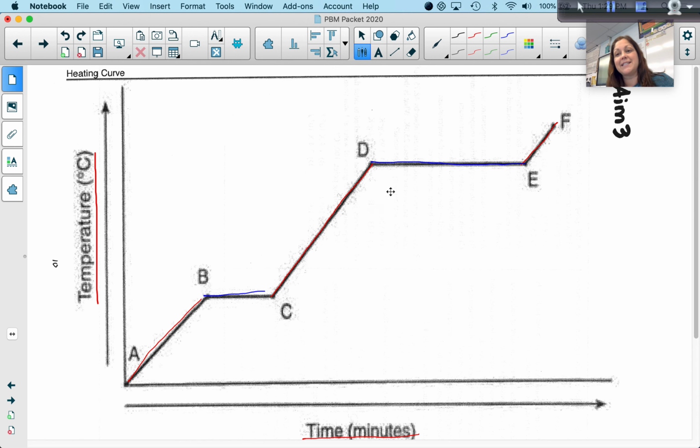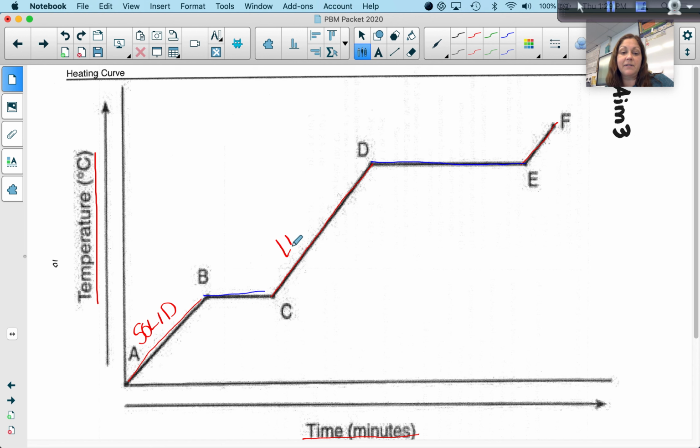And these 3 segments that are going up on an angle are going to be our individual phases. For the first little bit here, the substance will be a solid.